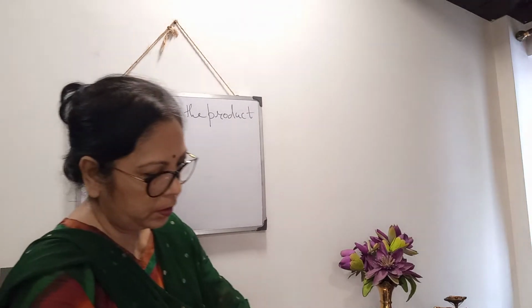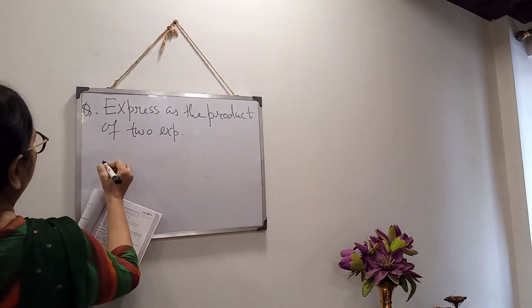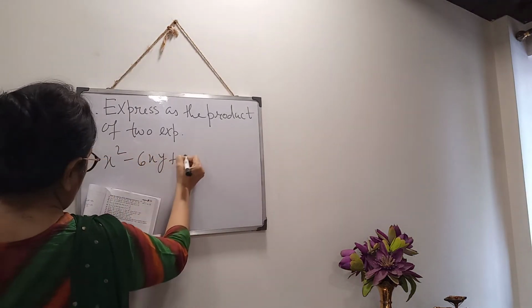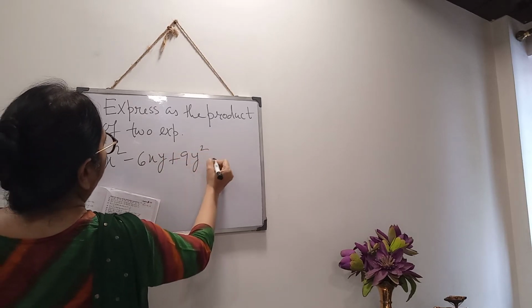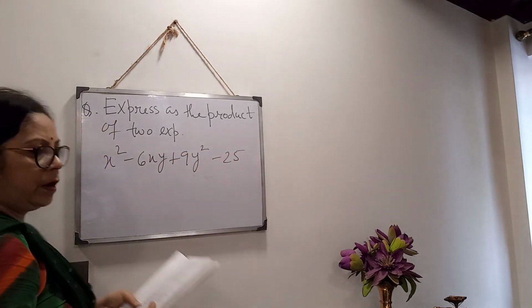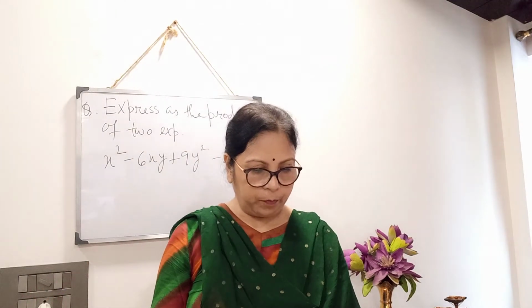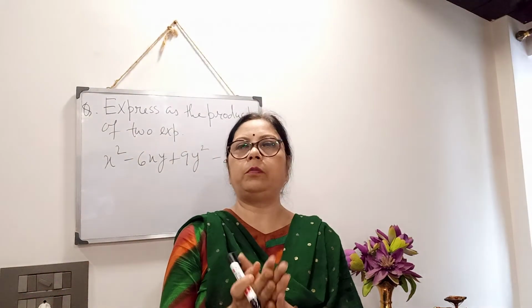Suppose it is given in this form, x square minus 6xy plus 9y square minus 25. Clear? You have to find out, you have to express this as a product of two expressions.